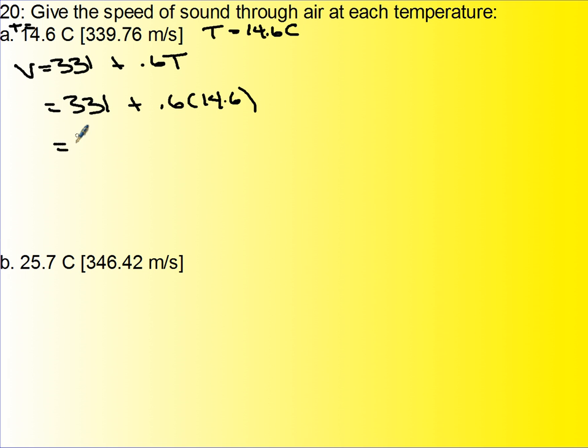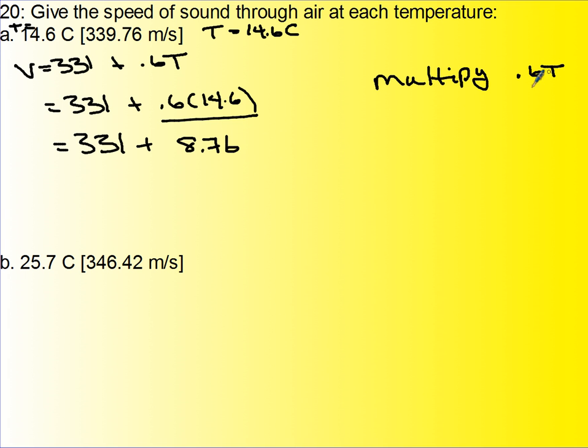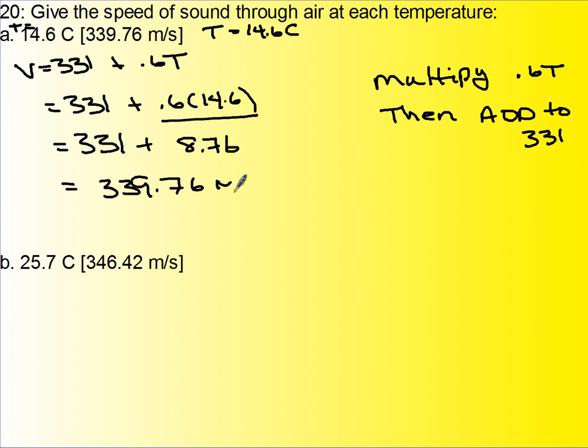Now, folks, you need to multiply these two numbers together first. 0.6 times 14.6 is 8.76. Then add it to 331. So 331 plus 8.76 is 339.76 meters per second.